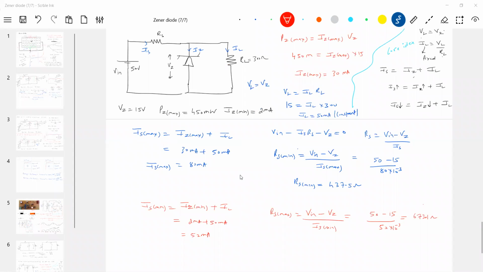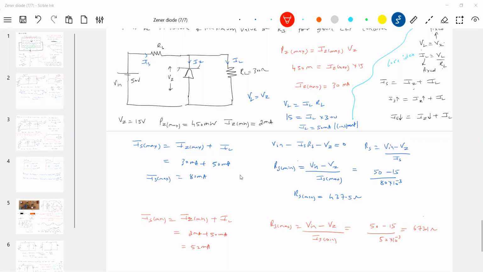But one problem is that, by chance, the Zener diode is not there in the circuit. By chance, a student accidentally removes the Zener diode. Then in that case, what happens to the value of RS?